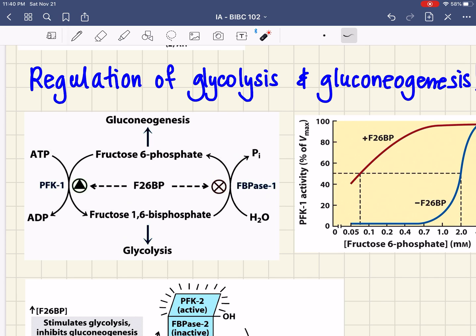Okay, so you see how because we understand that this comes from glucose, and because we use logic to see what the cell would want to do with the glucose, we can understand how these processes work and why this is activated and this is inhibited. Okay, so please practice this.